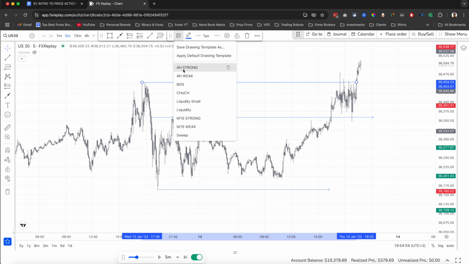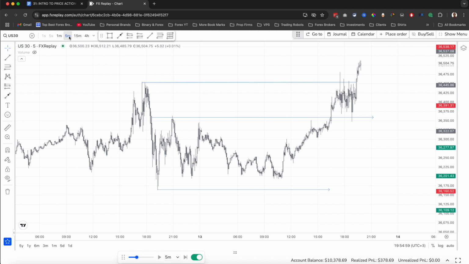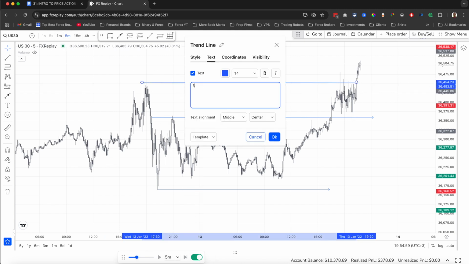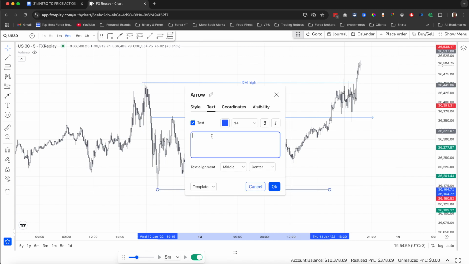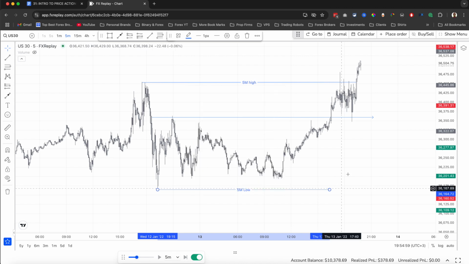I'm on a 5 minutes time frame, and this is now our 5 minutes high, and this is our 5 minutes low. So we are on a 5 minutes time frame, right? We have a high here and a low here.